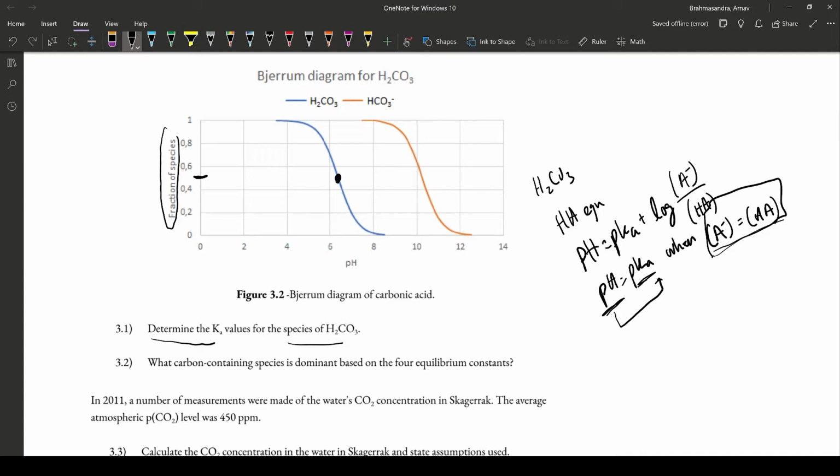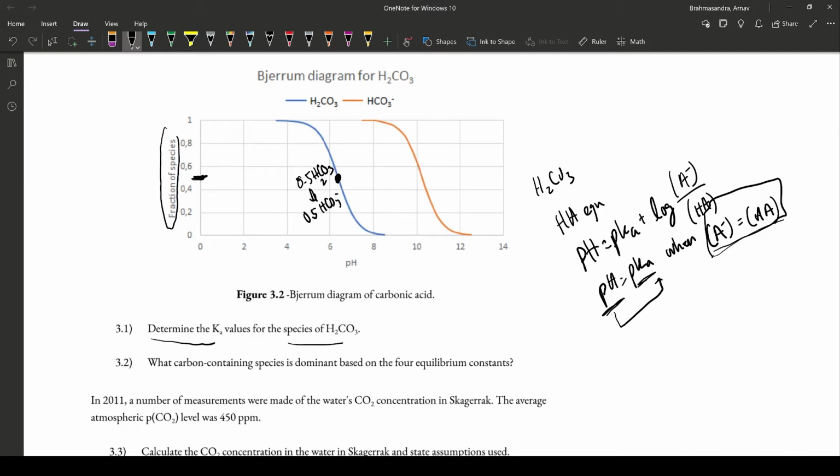Why is that? Because it's in an acidic solution, which means that carbonate is going to be basically non-present because our pH is not in the range where carbonate is prevalent in the aqueous solution. So if we take a fraction of species being 0.5, that means if there's 0.5 H2CO3, that implies that the other 0.5 is HCO3 minus.